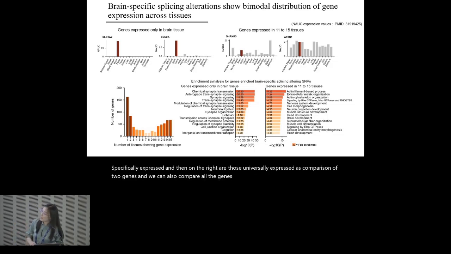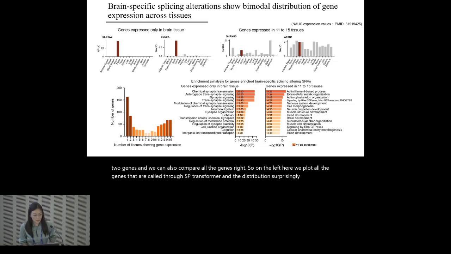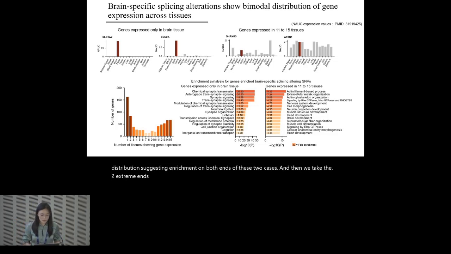So on the left here, we plot all the genes that are called through SpliceTransformer, and the distribution, surprisingly, is a bimodal distribution, suggesting enrichment on both ends of these two cases. And then we take the two extreme ends and run GO enrichment analysis, and we identify the biological functions of the groups of genes.